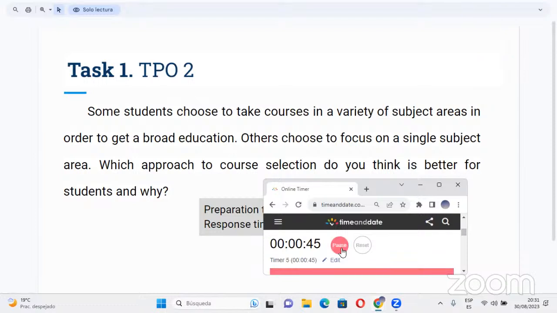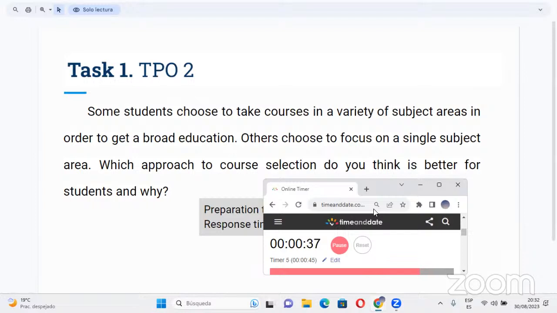I think, first of all, the main option is to focus on a single subject, because this way students can achieve a better grade.